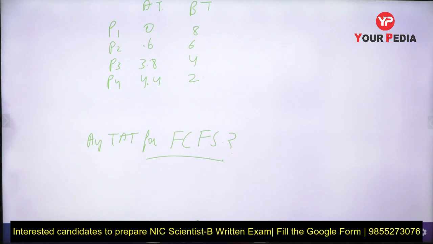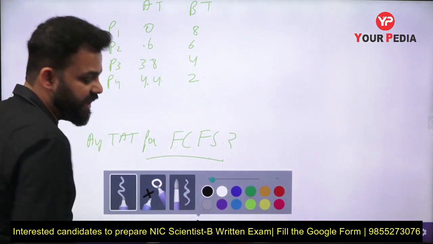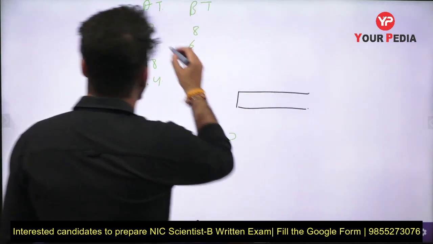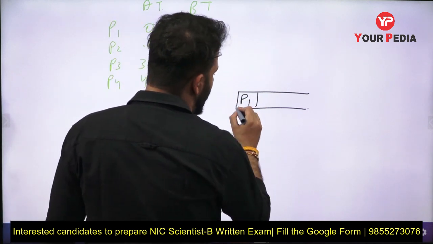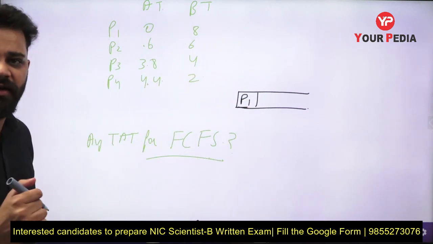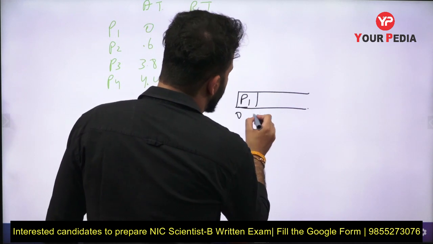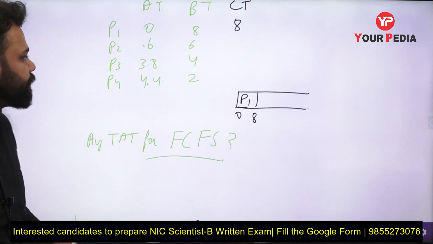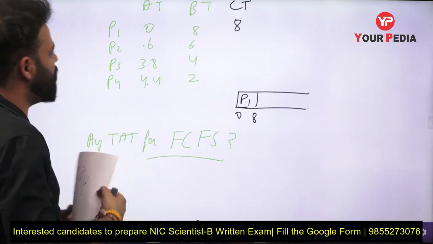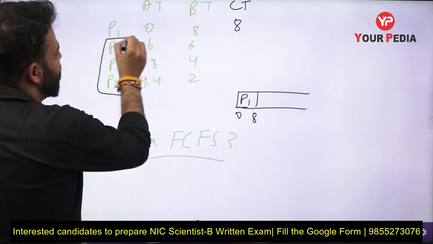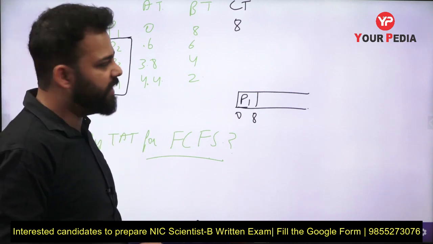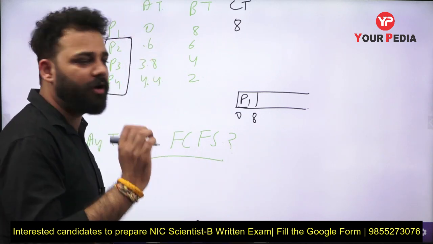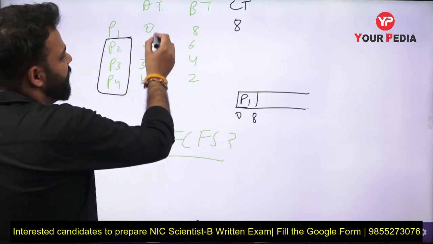Now if you start solving this using the Gantt chart, initially there is only one process in the system, so P1 will be given the CPU as it is the only process that has arrived, and it will run for 8 seconds because it is a non-preemptive system. After 8 seconds all the jobs have arrived, and priority goes to the job with the least arrival time, which is P2.